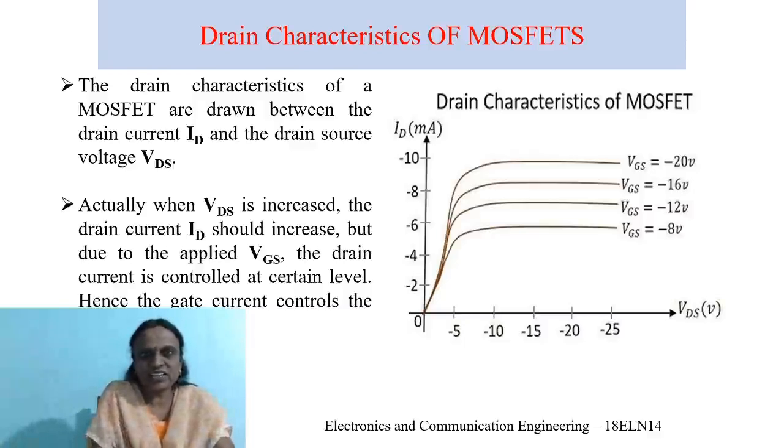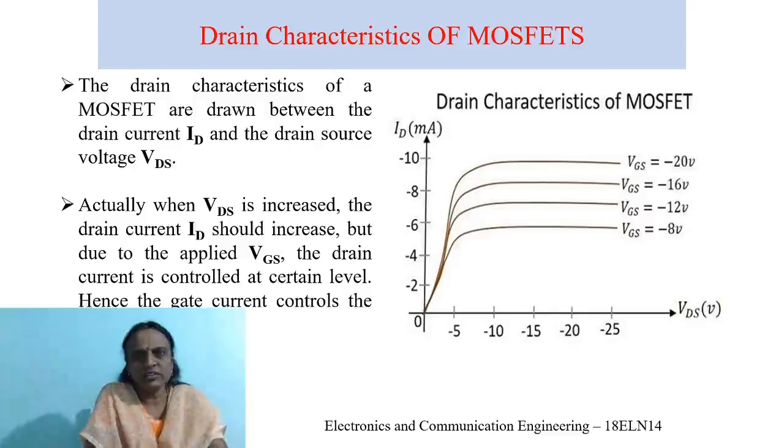The drain characteristics of MOSFET are plotted between drain current and drain to source voltage. The characteristics curve is shown in this diagram. When VDS is increased, the drain current ID should also increase.